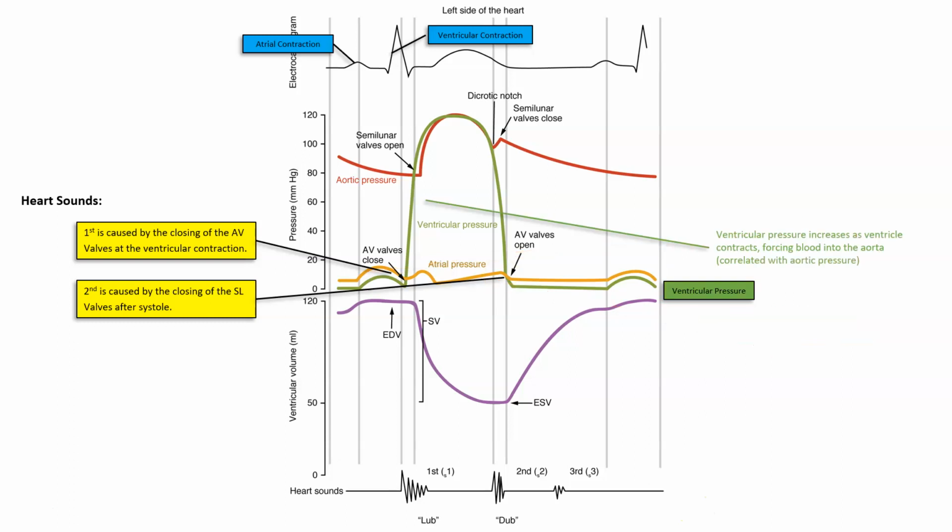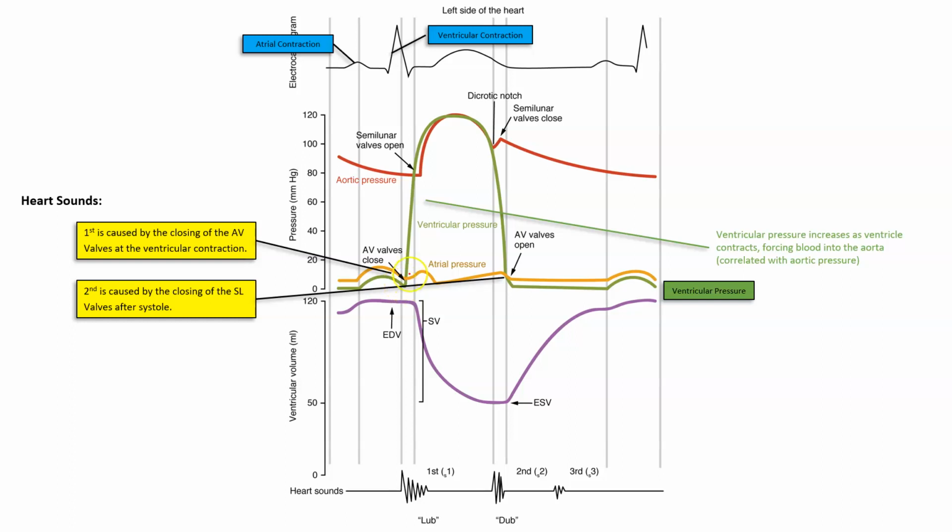Ventricular pressure in green. Again, when the atria contract, it's forcing blood into the ventricle, so the ventricles are going to take on exactly the same amount of volume of blood that the atria had in it. So when the atria contract, the ventricle pressure increases.